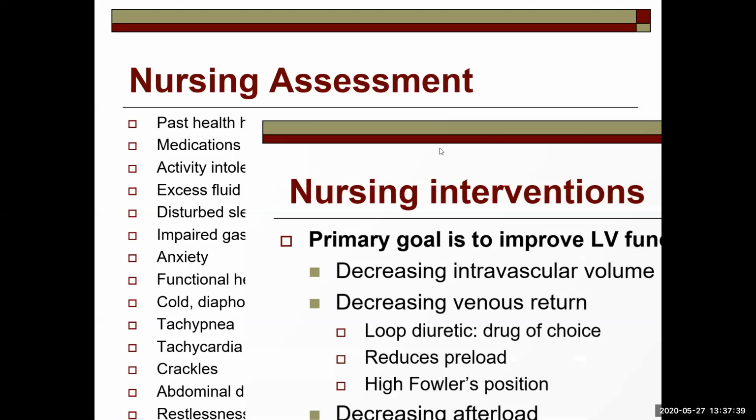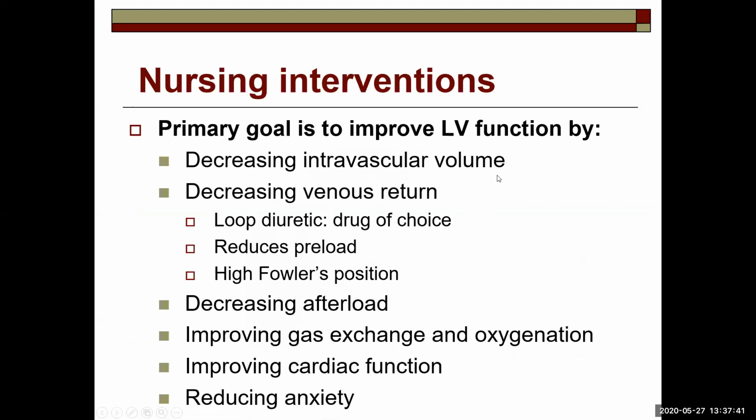So your intervention would be controlling and making sure that cardiac output is better. So you always look for the medication they're taking, make sure that they're on the medications, decreasing the venous return. You don't want to have a lot of fluid with right side failure. You need to improve the left function, basically.